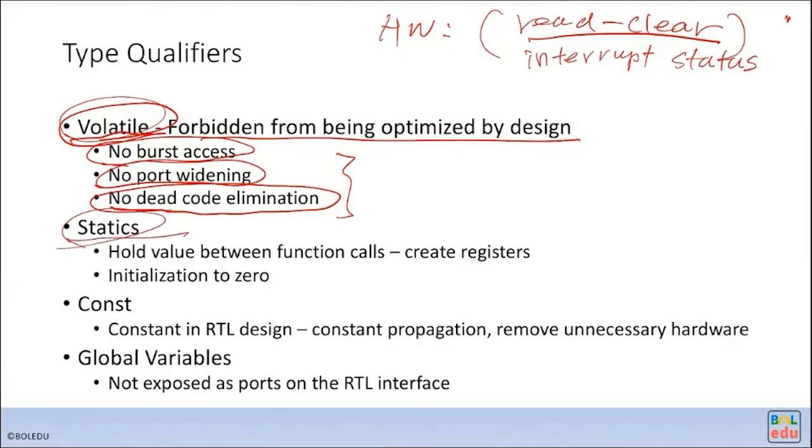And static, we often use static. Basically, you allocate local storage so that it can hold the value between function calls and create registers. When we write software, there's so-called reentrant software, which means the function can be called by multiple processes.